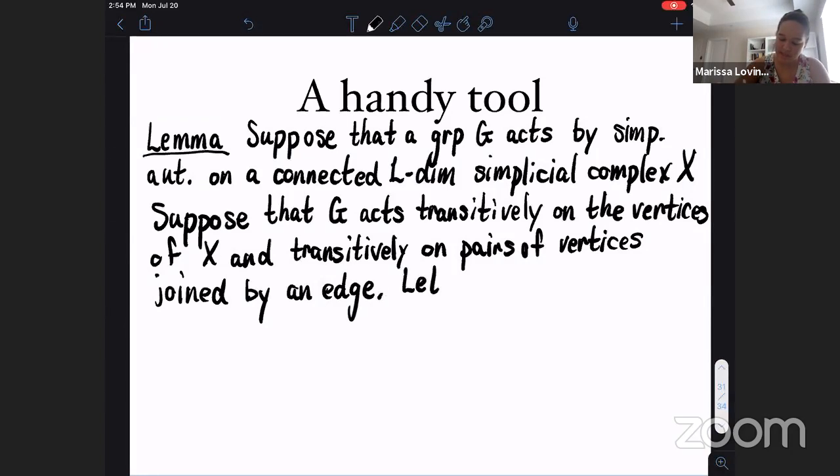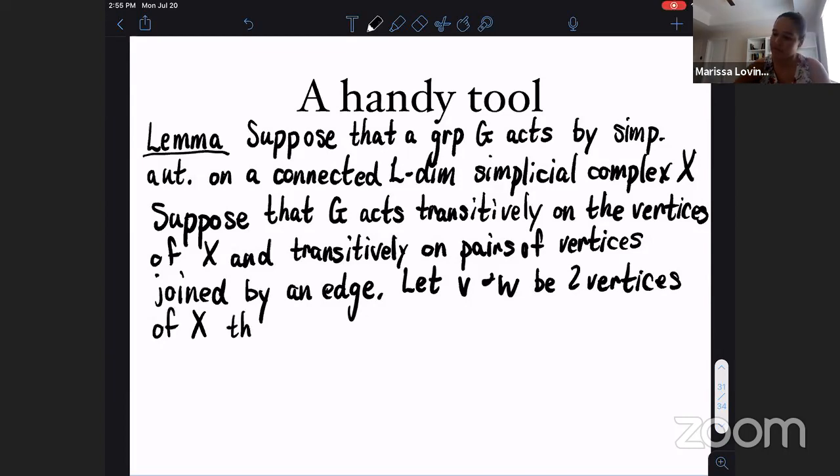And so now let's take two vertices, V and W. So these are two connected by an edge.